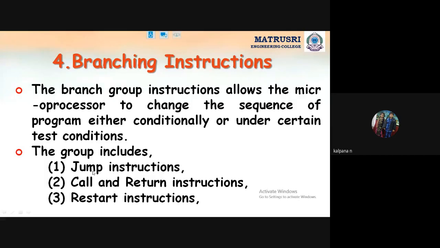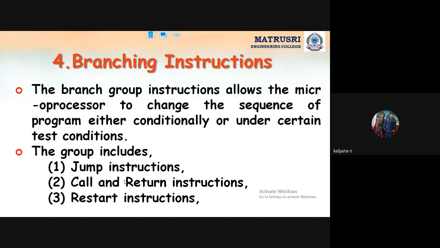So what instructions come under the branching instructions? The first one is jump instructions. Jump instructions are there both conditionally and unconditionally. The second is call and return instructions. The third is restart instructions. So totally, how many types of branching instructions do we have?